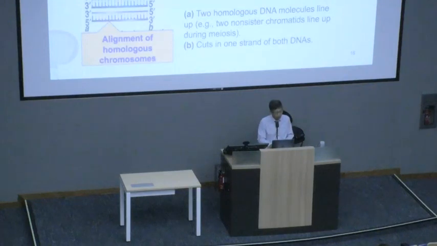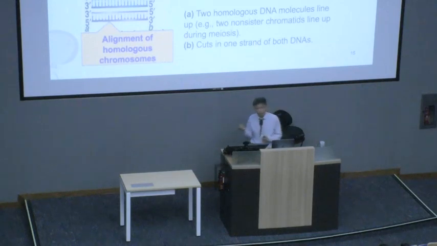So the crossover happens between number 2 and number 3, which are non-sister chromatids. Here, the 2 blue lines represent 1 DNA molecule from this chromatid, and the 2 red lines represent 1 DNA molecule from this chromatid. So this is from chromatid 2, and this is from chromatid 3.